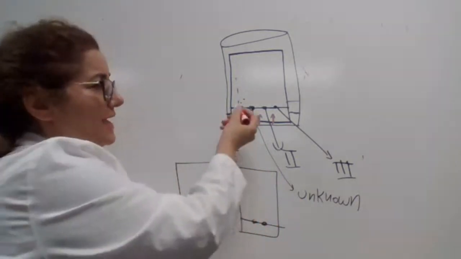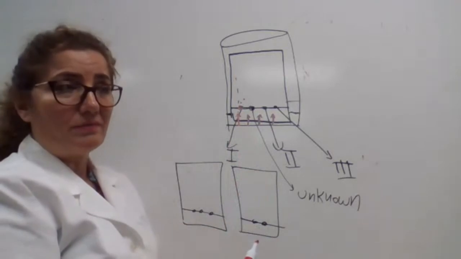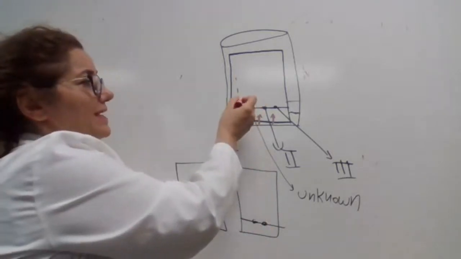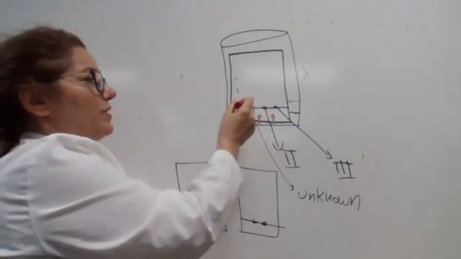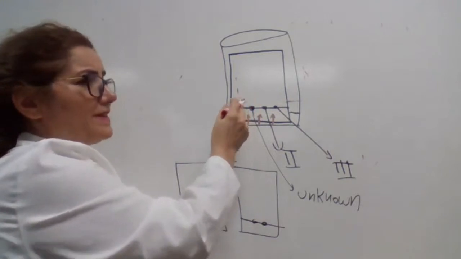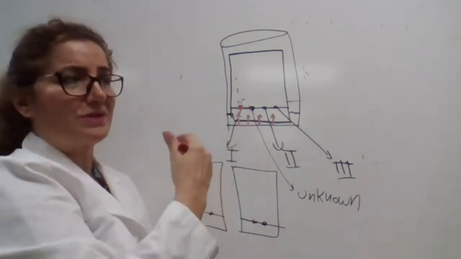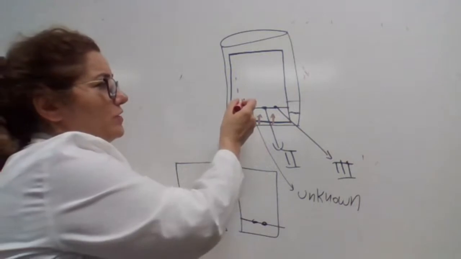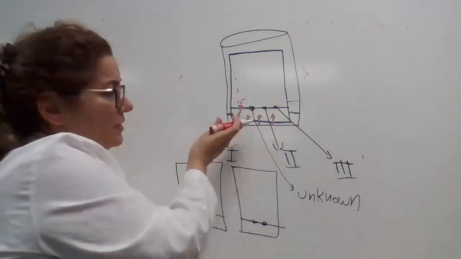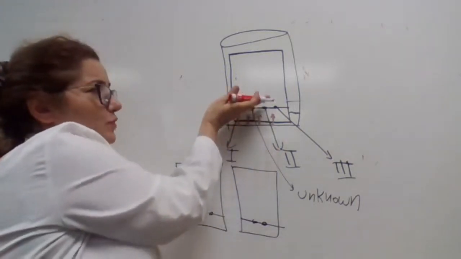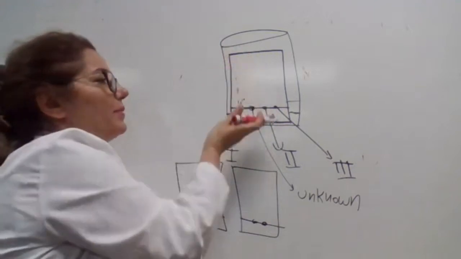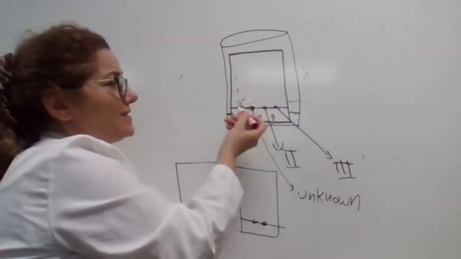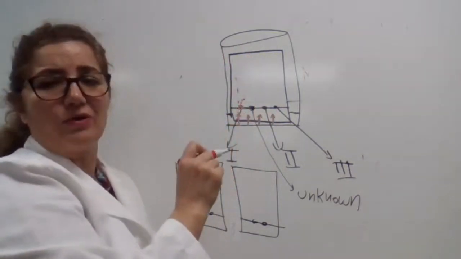If your sample is polar and the stationary phase is polar, it is going to interact more with the stationary phase. It likes the stationary phase and wants to stay with it, and it's going to move up slowly because there is a force pushing it up. If the sample likes the stationary phase, it's going to move very slowly.